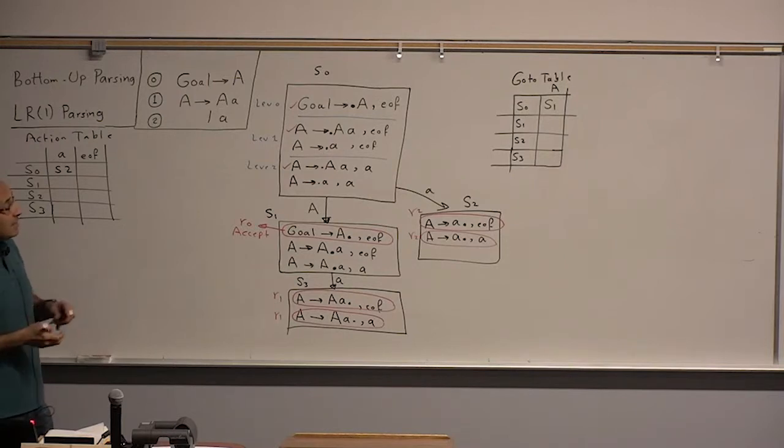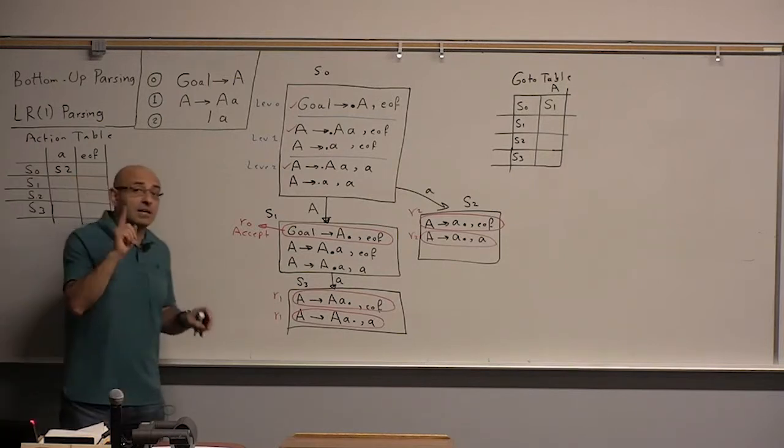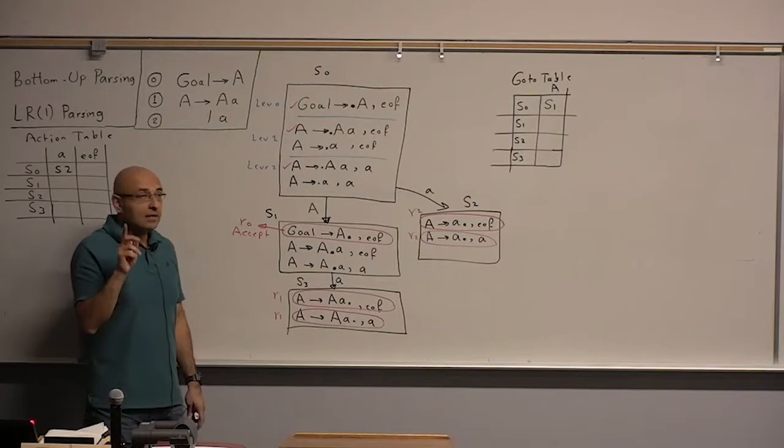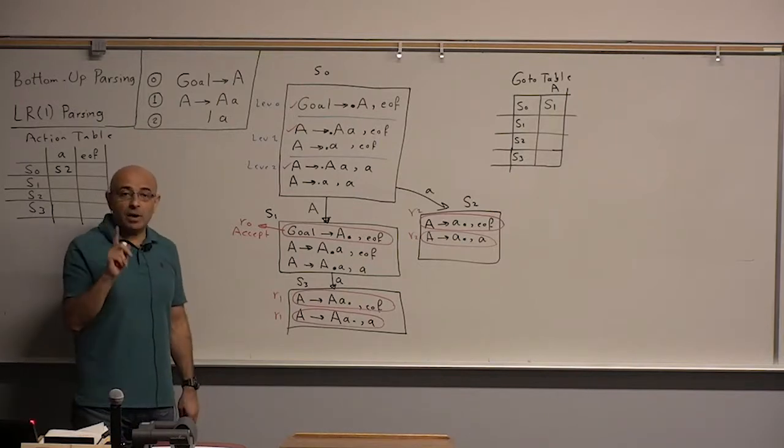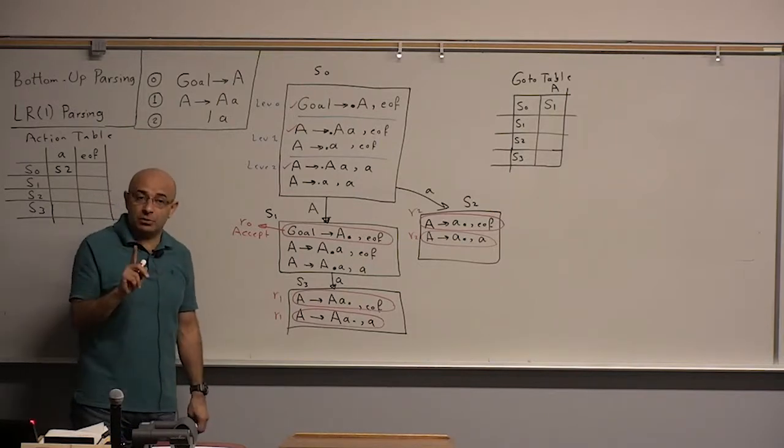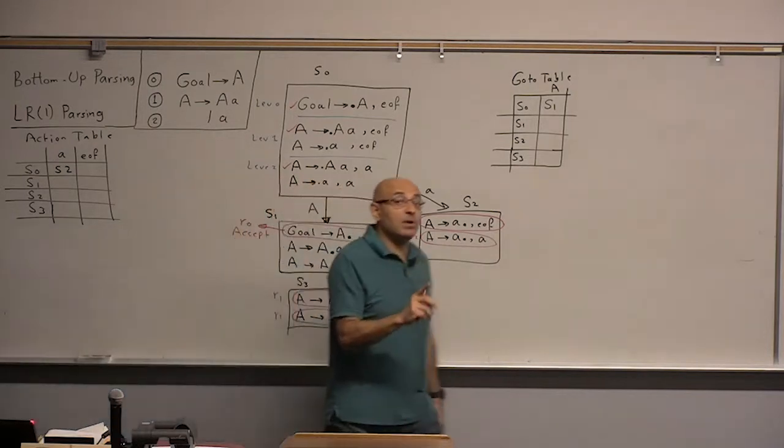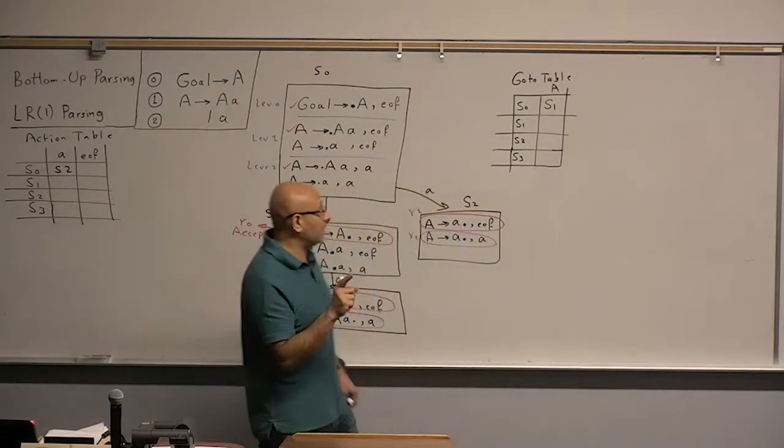In every step, there should be a unique valid action. Only one valid action, either a shift or a reduce. And if it's a reduce, it has to be only one reduce. I can't have multiple reductions.